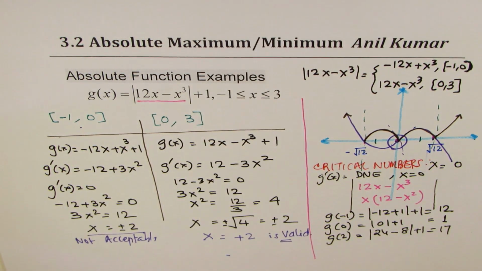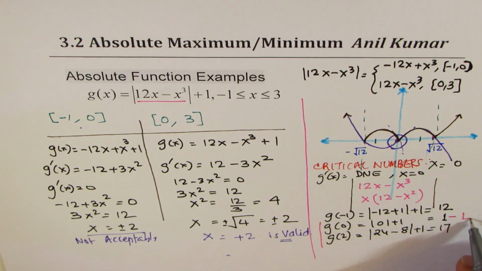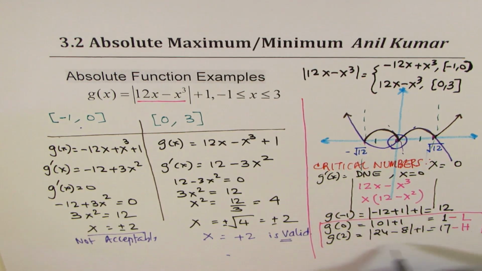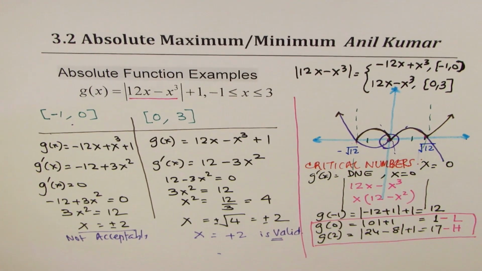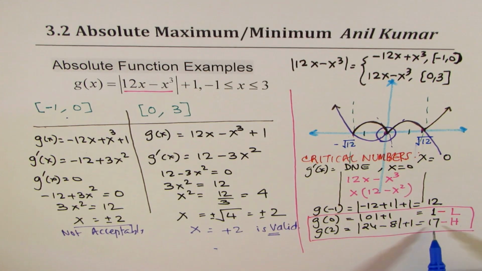Perfect. And so we can write down our answer with the lowest value and the highest value. So that becomes the solution of the given question. Correct? So can you write down the answer now? What is the absolute maximum value? The maximum value is 17 and the minimum value is 1. Do you see that?